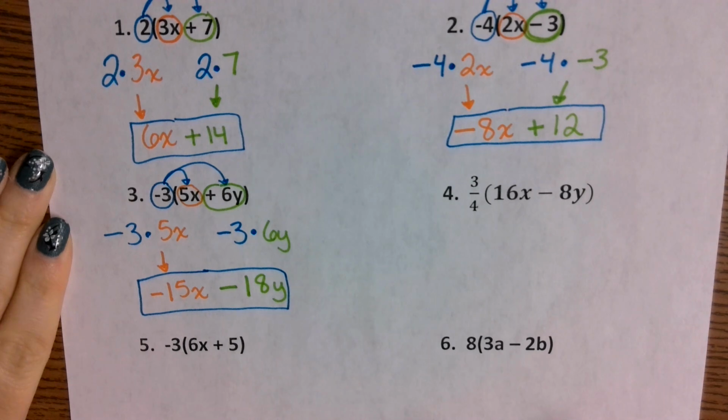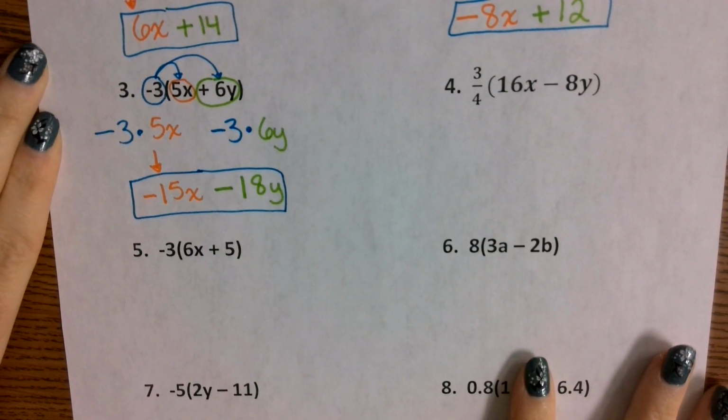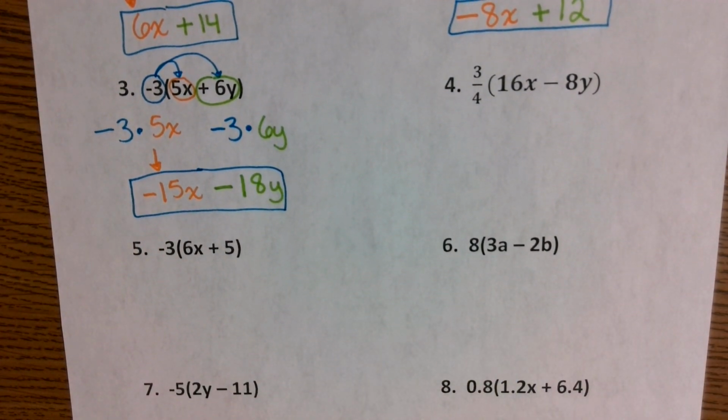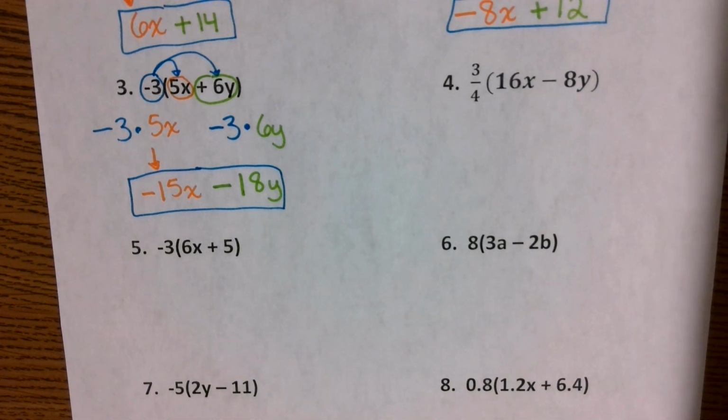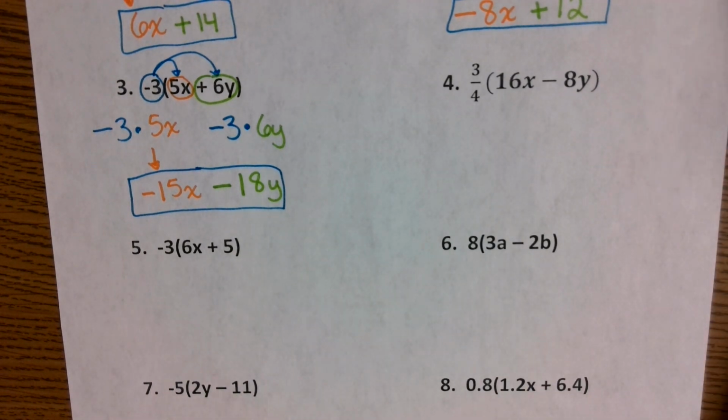All right, I want you guys to go ahead and independently work on problems 4 through 8 so that I can make sure you understand the concept. If you've already finished problems 4 through 8, then what you can do is log on to Google Classroom and go back to today's link.